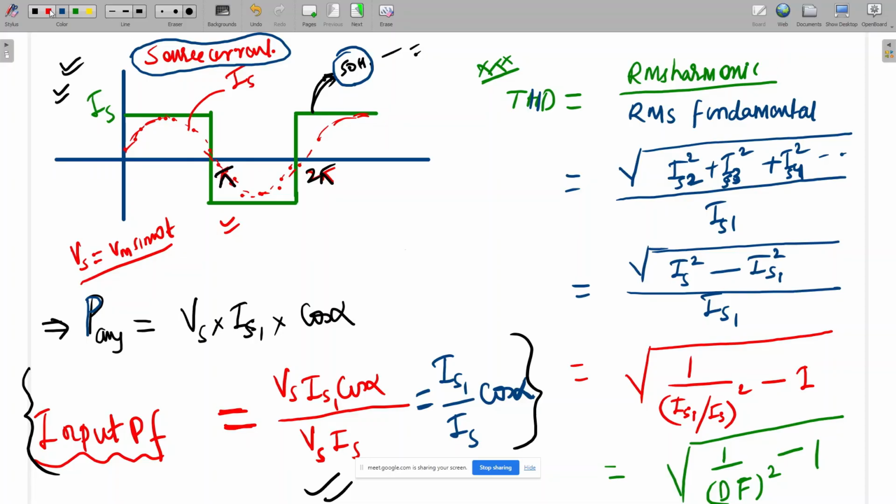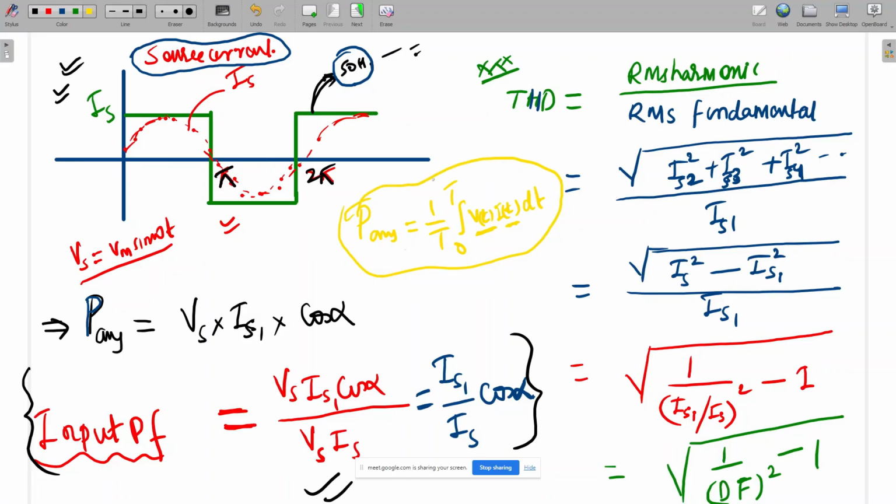Why? You can verify this. What is the formula of the average power? The basic formula is P average equals 1 upon T, integral 0 to T, v(t) i(t) dt. If V and I have different frequencies, then this average power will be 0.